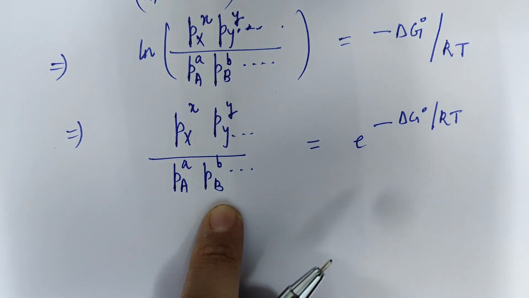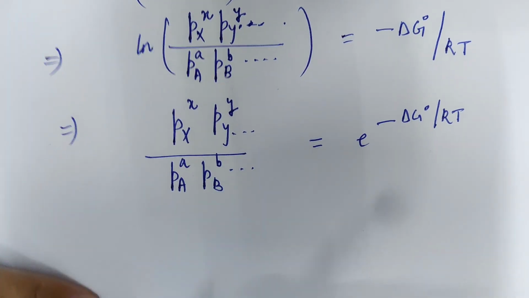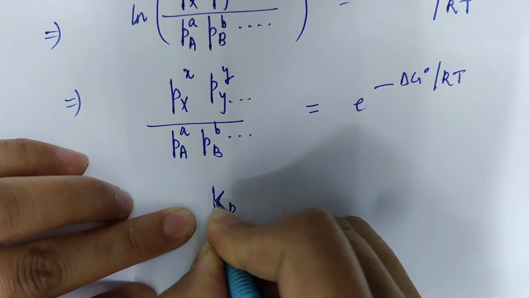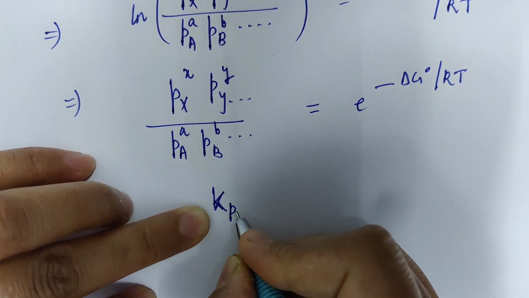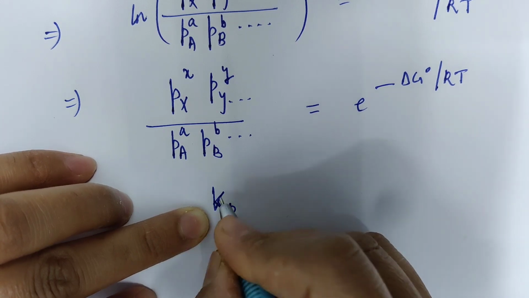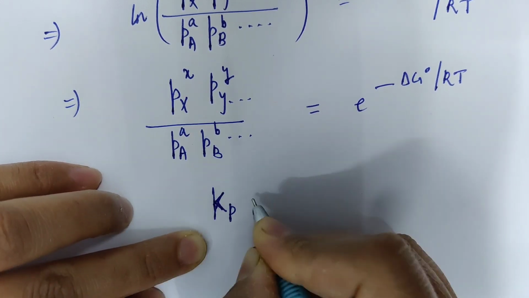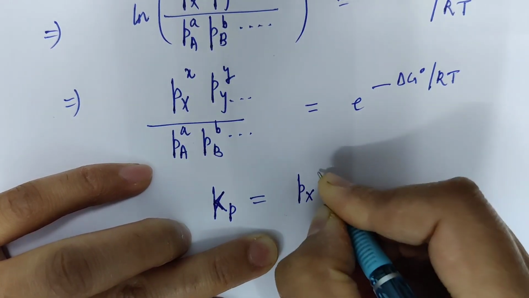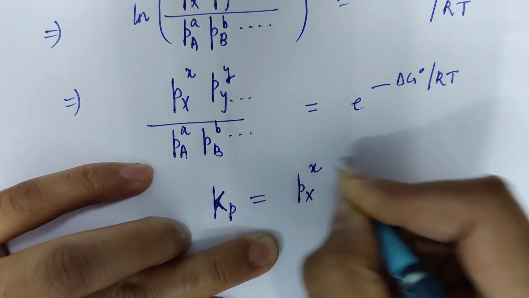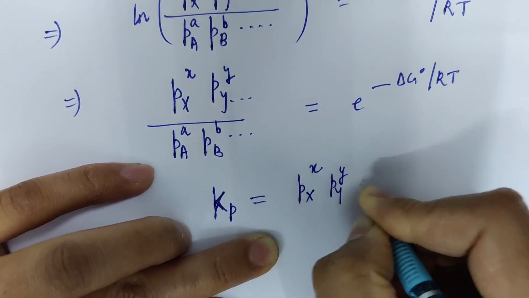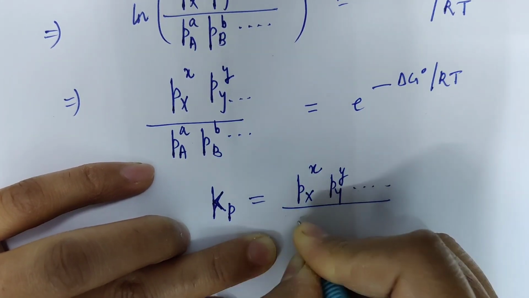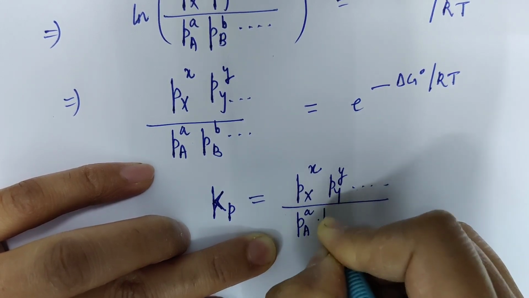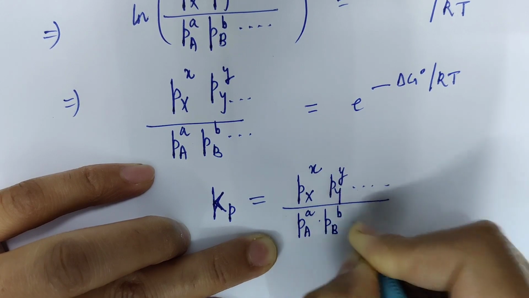What does the law of chemical equilibrium say? The law of chemical equilibrium says Kp, that is the equilibrium constant in terms of partial pressure, is equal to the product of partial pressures of your products raised to their stoichiometric coefficients, divided by the product of partial pressures of reactants raised to their stoichiometric coefficients.